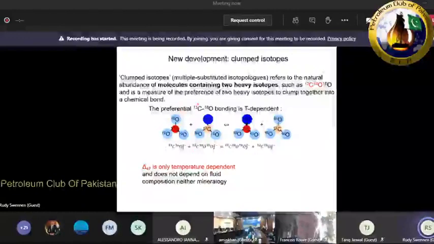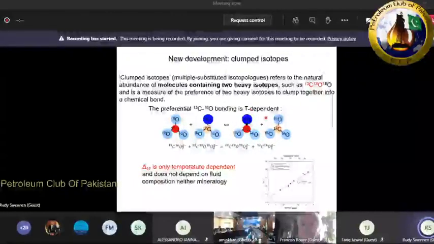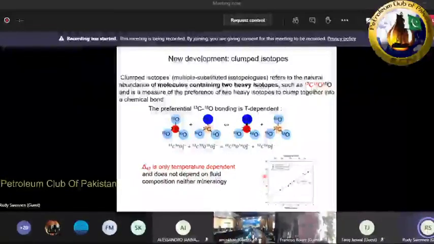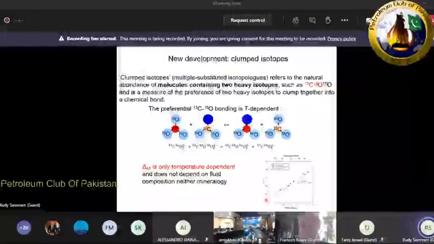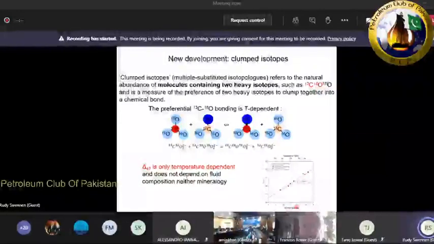So here we have a reaction of different CO2s mixing, and if we create this clumped isotope, and this preferentially will be incorporated into the crystal, then we can infer the temperature, because this composition, indicated here with this triangle with 47 as suffix, you can see that the correlation is only dependent on the temperature.